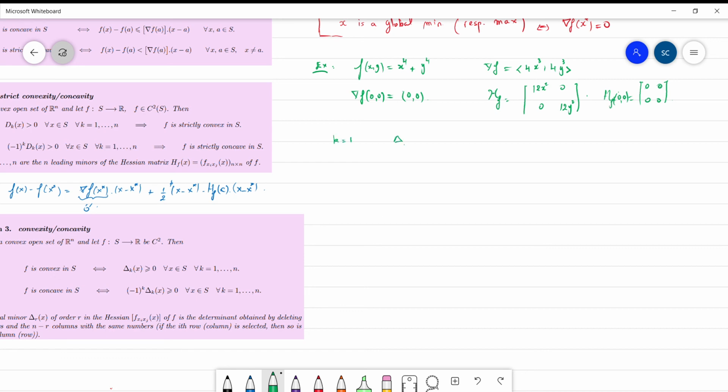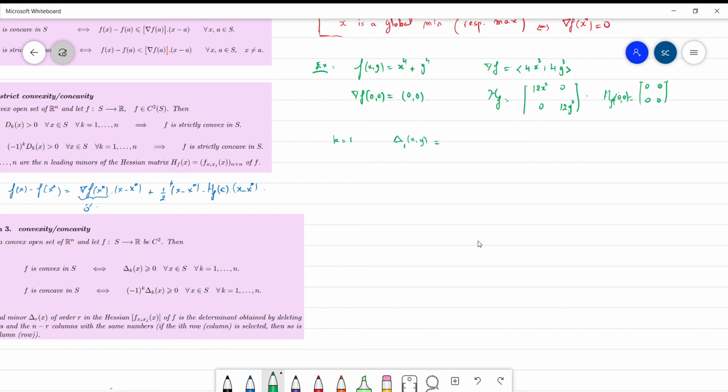Delta 1 of (x,y) is of order 1, so I have a choice to eliminate the first row or second row.